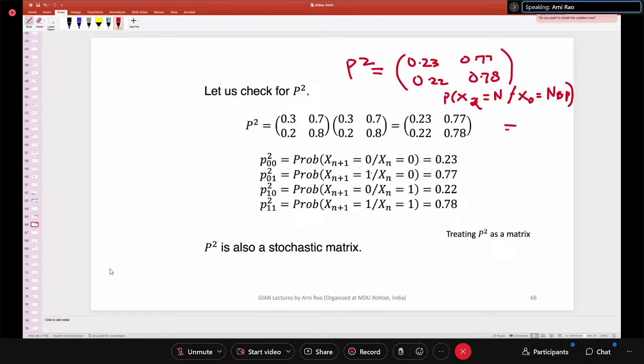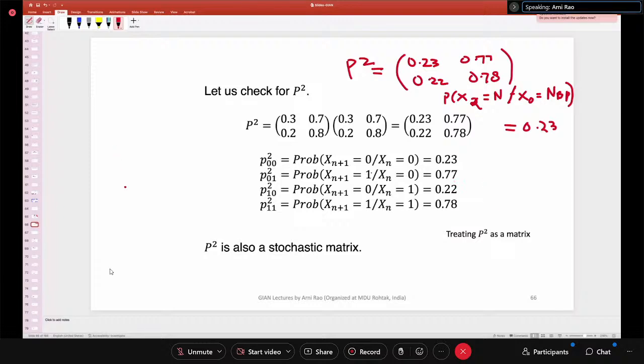That probability is 0.23. If you treat this as only one single transition matrix without two steps, then it becomes x0 to x1. If you treat this as a P square, this becomes x0 to x2. And x1 we don't know. X1 could be, so if there are two, that means 3 states are there.